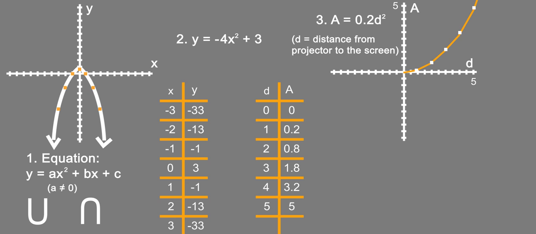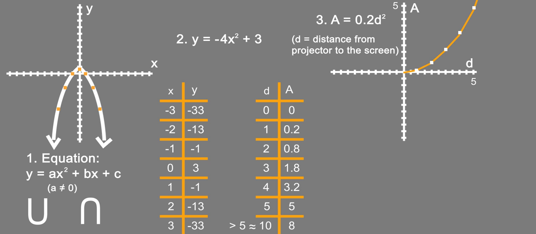We know that if the area is 8, the distance is going to be greater than 5. And if we look at how it's increasing, a good estimate would be around 10 feet.